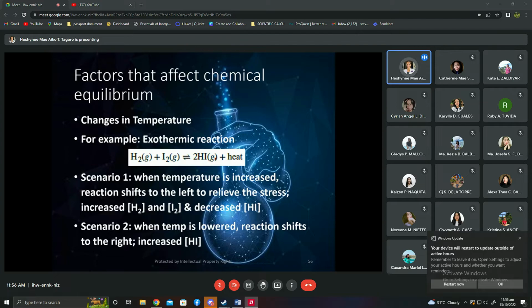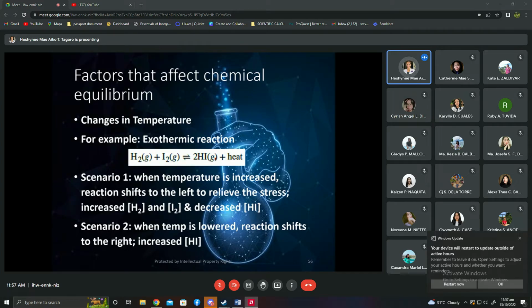Okay, so when temperature is increased, take note, reaction will shift to the left to relieve the stress, thereby increasing reactant concentration and decreasing product concentration. Scenario 2, what happens when temperature is lowered? So it's the opposite. Reaction shifts to the right, therefore increasing product concentration.